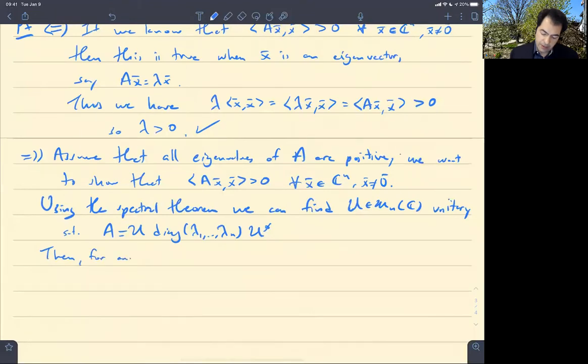Then for any X not equal to 0, let Y be equal to U star X, right? And let's say that this has entries y1 through yn.